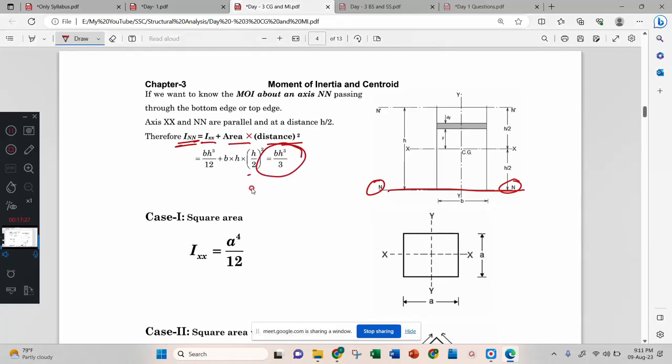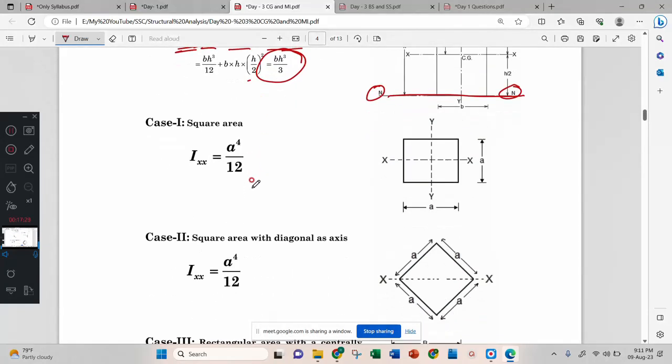Then that is BH cube by 3. Now square, what does square mean? This and this are the same, both are the same. Therefore BD cube by 12 is already there, B equal to D, therefore D power 4 by 12 or A power 4 by 12. This is your square section.